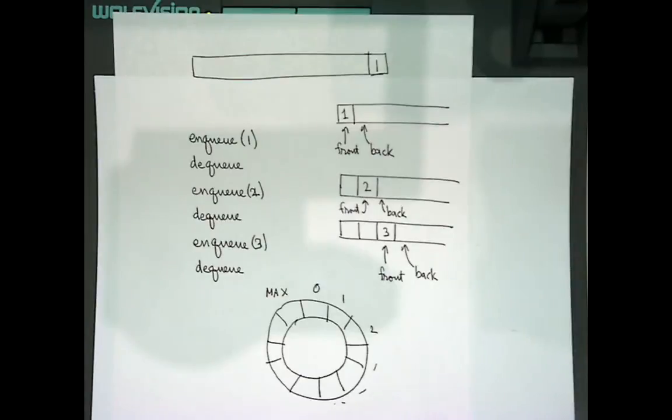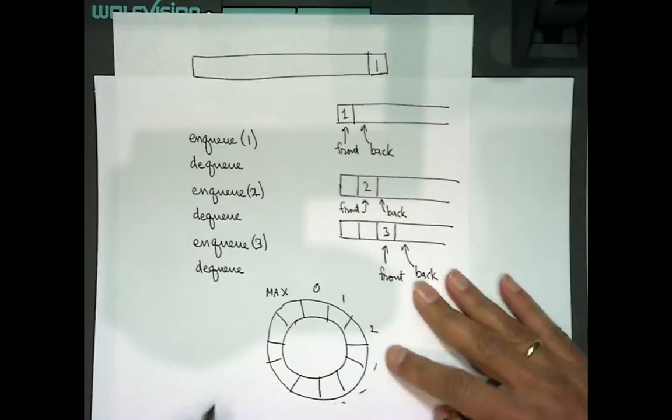Yes? So you're right. I mean, you do have a problem that you might use up the entire array. So let's assume that you have some bound on the number of elements you put in the array.